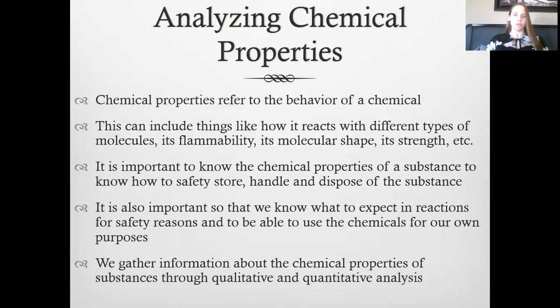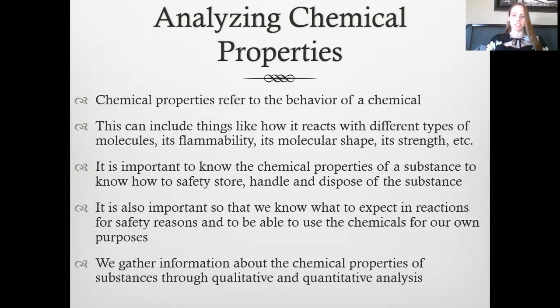So you want to know what kind of chemicals it reacts vigorously with when you're storing it. You don't want to store it near something that it could react with. You need to know if it's toxic or corrosive or flammable when you are handling it. You need to know if it's going to cause some sort of environmental catastrophe if you just dump it down the sink, that kind of stuff.